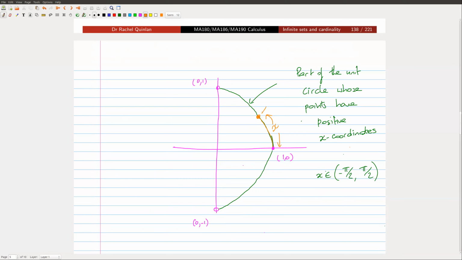And the point that you reach after traveling a distance of x along the circumference is the point whose coordinates are cosine x and sine x. Okay, that's how cosine x and sine x are defined. And if you take the line segment that connects that to the origin, tan x is sine x over cosine x.